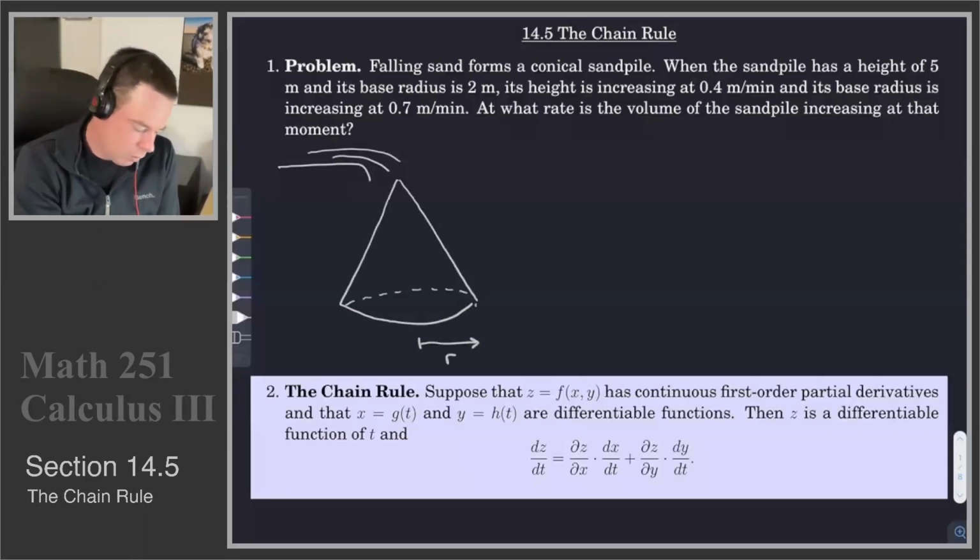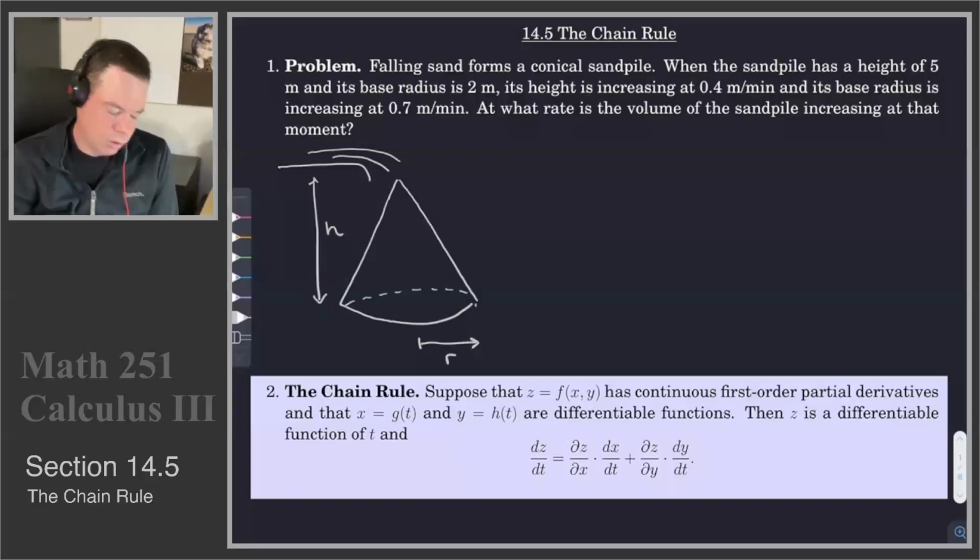So we've got our base radius and our height that are going to be changing over time. We're interested in, at a particular moment in time, when the sand pile has a height of 5 and a radius of 2, and we know a little bit about the rates of change of those two variables at that point, at what rate is the volume changing?